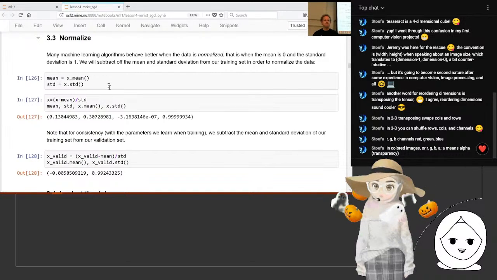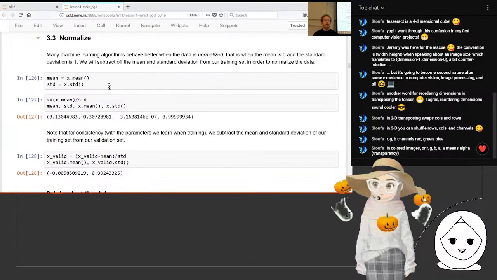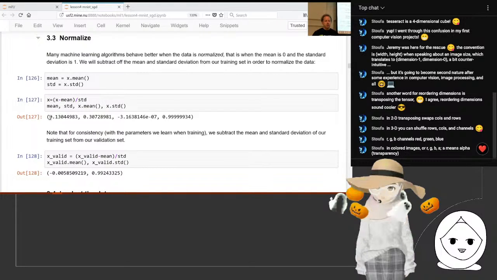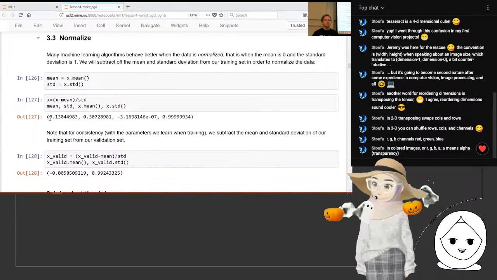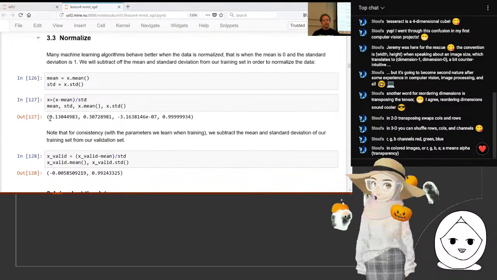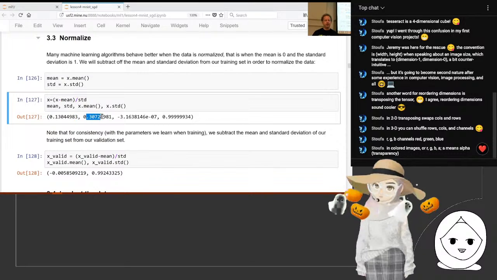Jeremy, could you please explain, is it by column, by row? By pixel. In general, when you're scaling, not thinking about even a picture, but an input to a machine learning method. Sure. It's a little bit subtle, but in this case I've just got a single mean and a single standard deviation.